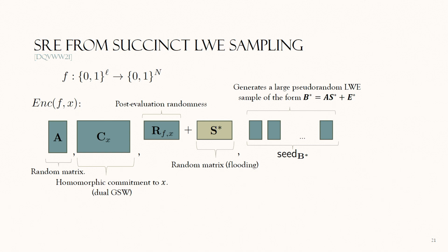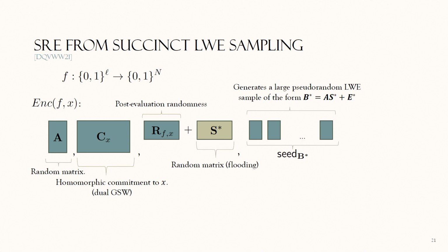And you can think of this, if you're familiar with dual GSW, this is some dual GSW-based homomorphic commitment to x. And then you're going to have some trapdoor, this post-evaluation randomness that will allow you to recover f of x from the evaluation of the commitment. And you're going to smudge this post-evaluation randomness with some pseudo-random matrix. It's not really a random matrix. This is some flooding matrix.